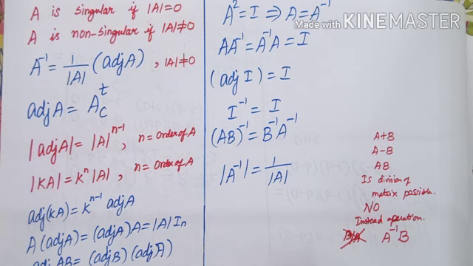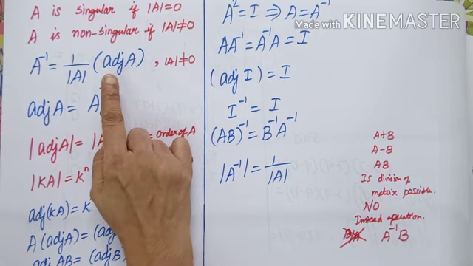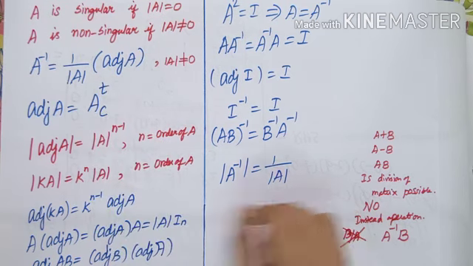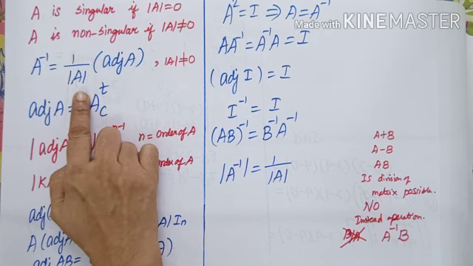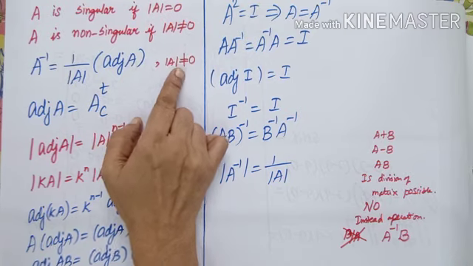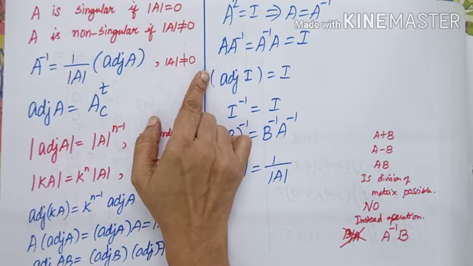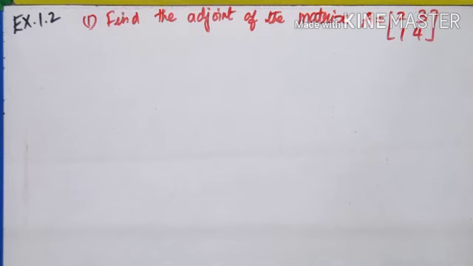For exercise for 2 or 3 marks, we mainly use this formula, and let us be thorough with the method of doing this. A inverse equals 1 by determinant A adjoint of A, provided determinant A is not equal to 0. Let us continue with the exercise.